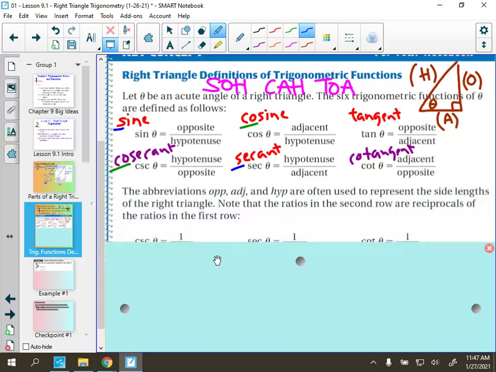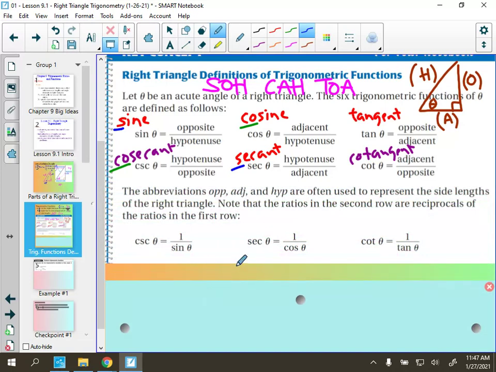And then the last part, it's not anything new, but it really hinges on an old concept: what is a reciprocal? It's flipping something over, right? We said flipping a fraction is the reciprocal. But mathematically, how do you flip something over?